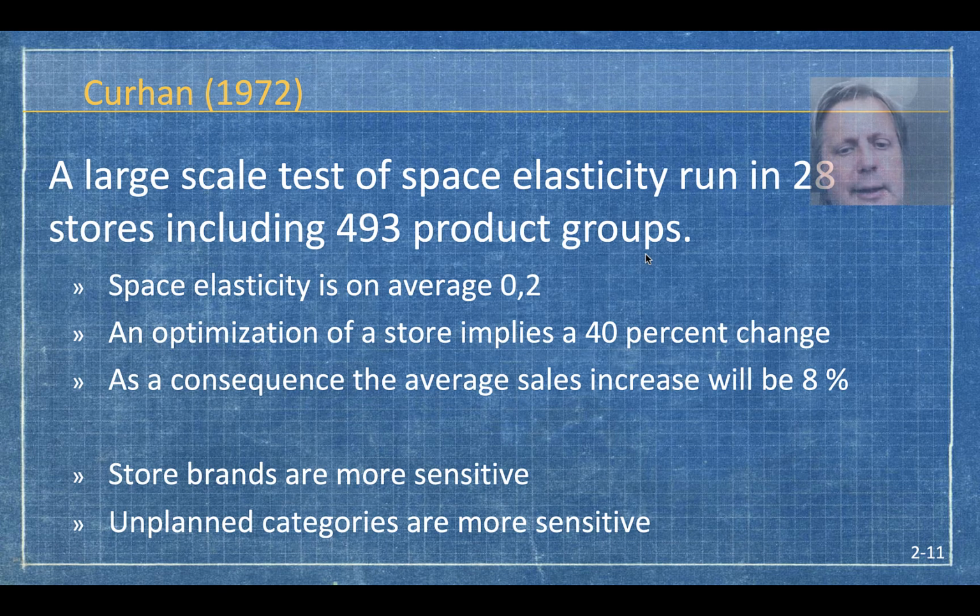And the unplanned categories are more sensitive. Unplanned categories could be sensitive, and they could also be not so sensitive. It depends on the penetration. There are a lot of products that are perhaps not so easy to plan or not so often planned, but they have a great penetration, meaning that a lot of people buy them, not so frequently, but they buy them.